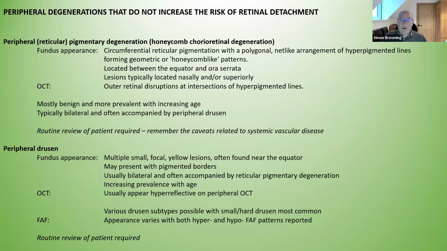It's looking to see, are there any signs of vascular problems there? Do the muscles look any different? Are the crossings abnormal? Is the patient on medication? Does the patient smoke? So take the fuller picture when you see honeycomb degeneration and look at the patient in a more holistic way if you're going to make a referral.